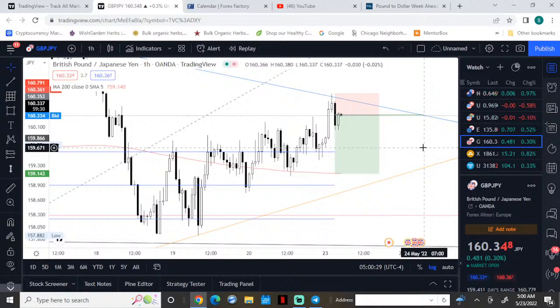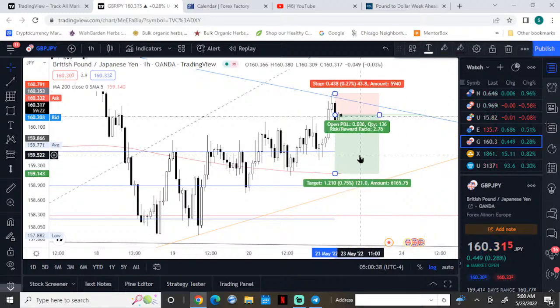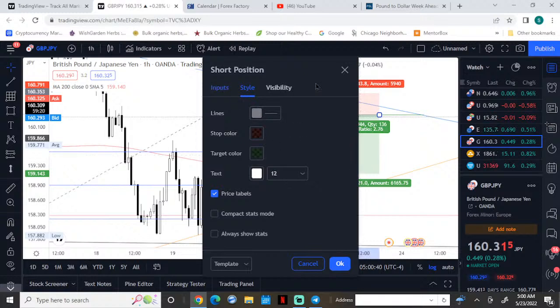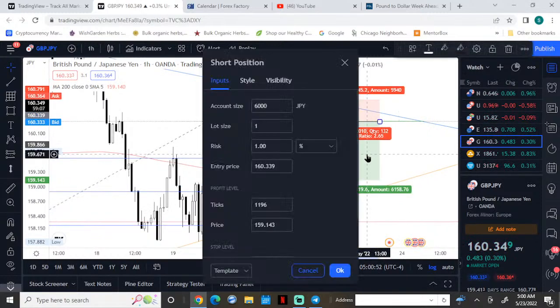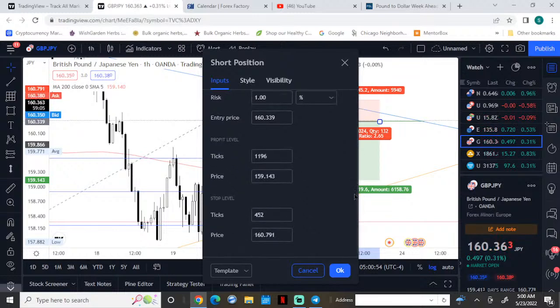My entry was 160.339. Stop loss is 160.791.